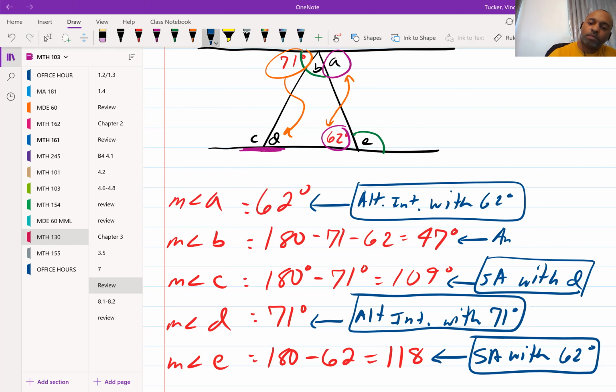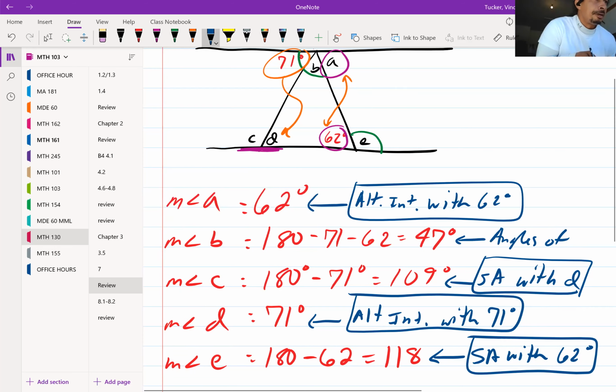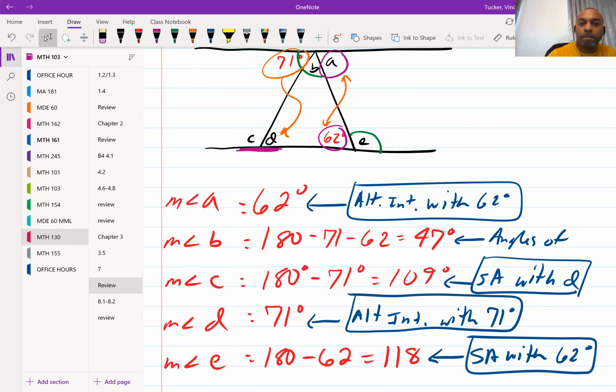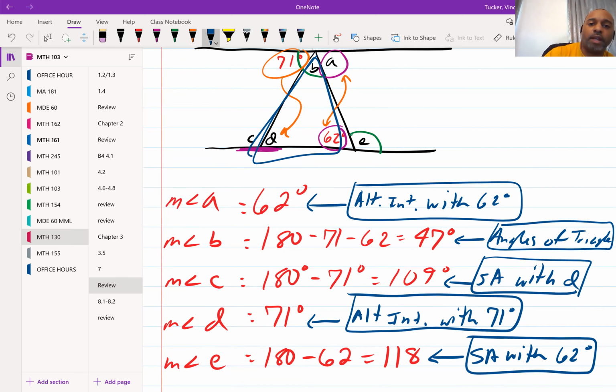Oh, B. What is B a straight angle with? Well, for B, I use angles of a triangle. You could have done a straight angle though. In other words, all three of these angles are supposed to add up to 180 degrees.